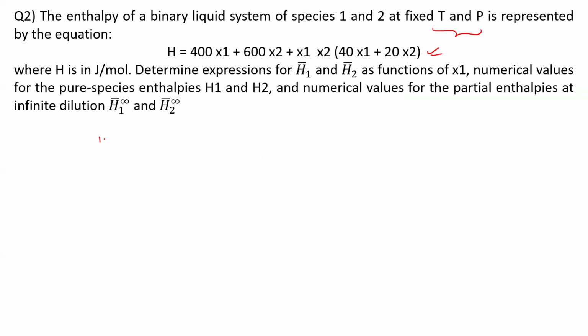I want to write h itself in terms of only x1 because I want dh by dx1, the total derivative. Here we know x1 plus x2 is equal to 1, mole fraction. So I have 400 x1 plus 600 (1 minus x1) plus x1 (1 minus x1) into (40 x1 plus 20 minus 20 x1).